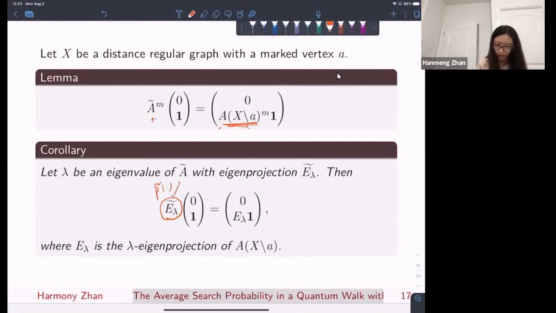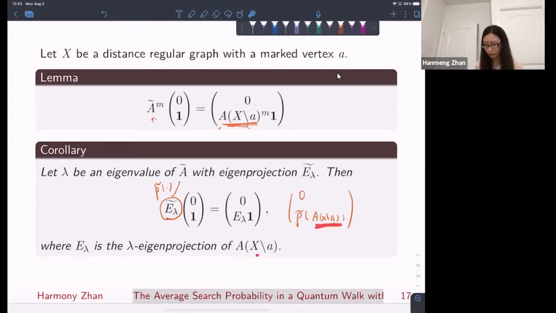Then by this lemma, the right-hand side is really just 0 and the same polynomial applied to the adjacency matrix of X sharp A. Okay, and now it's an exercise to show that this polynomial happens to take A to the corresponding eigenprojection of the smaller matrix as well, if lambda is indeed an eigenvalue of X sharp A. And it sends this matrix to 0 if lambda is not an eigenvalue.